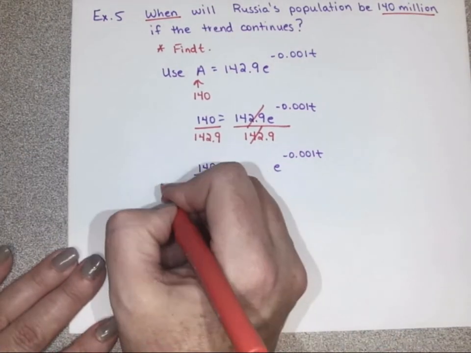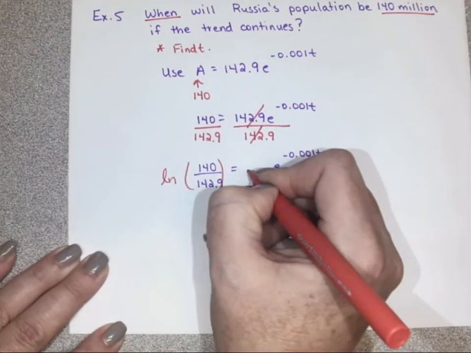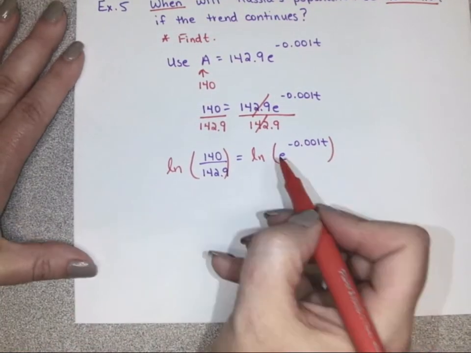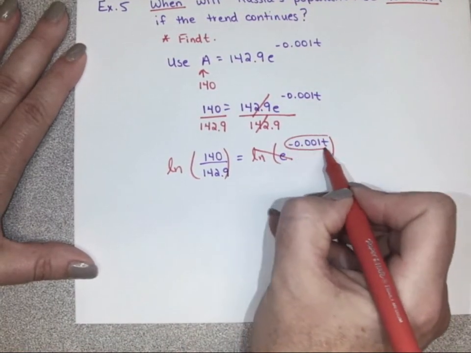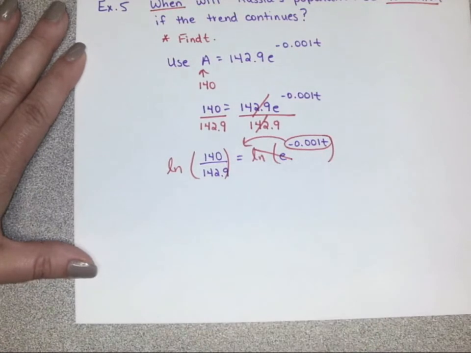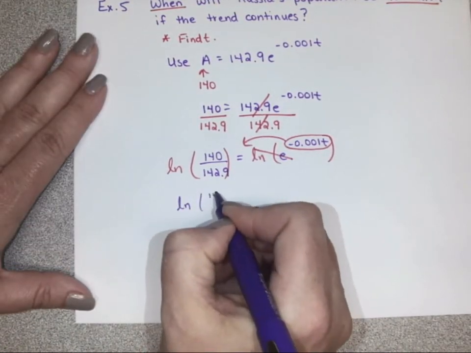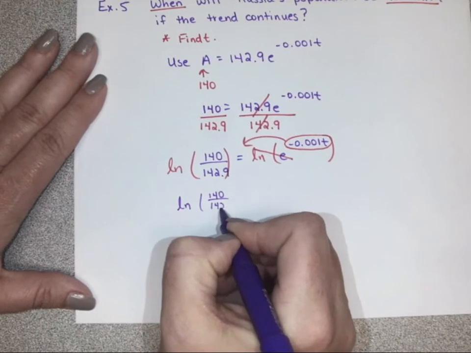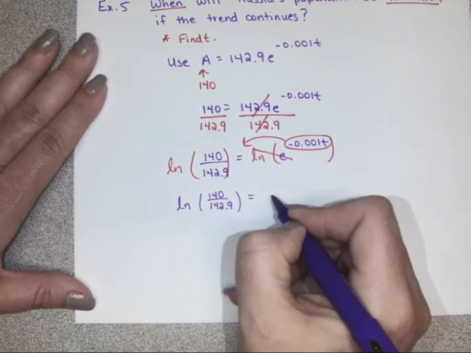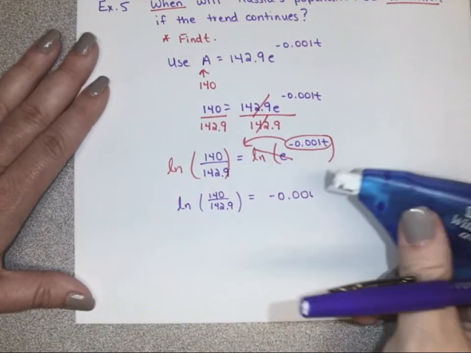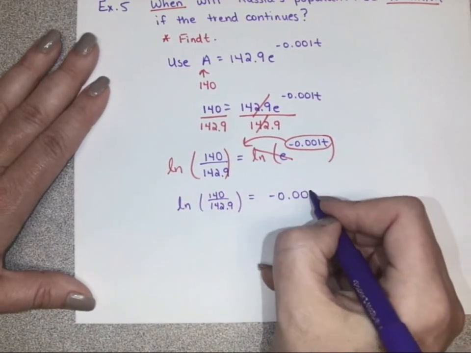And then just like we said before, we're going to take the ln of both sides. So that's going to get rid of this and move this where? To the front. So we'll end up getting natural log of the fraction on the left. And then we'll get the decimal times t on the right.